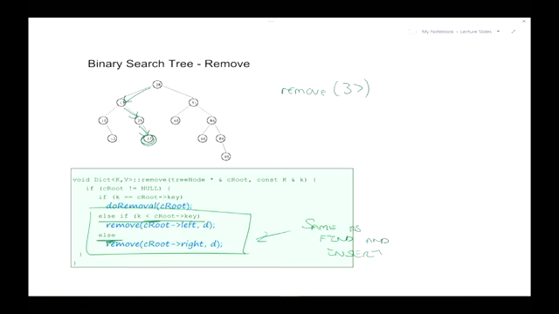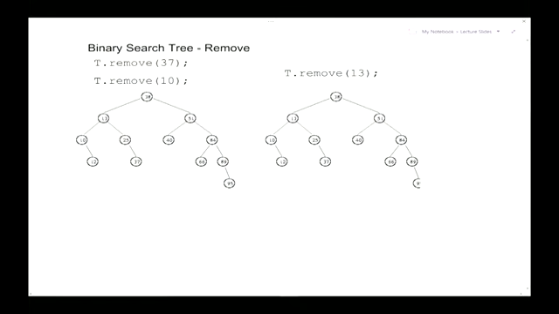So that's pretty straightforward. t.remove of 37 is pretty easy. We just need to delete 37 and make sure that pointer points to null.